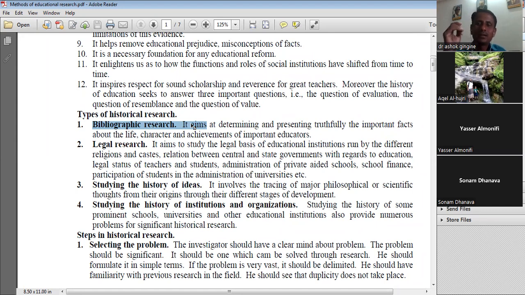Whatever may be that evidence, you want to check its truthfulness and validity: is it true, fake, valid, reliable?